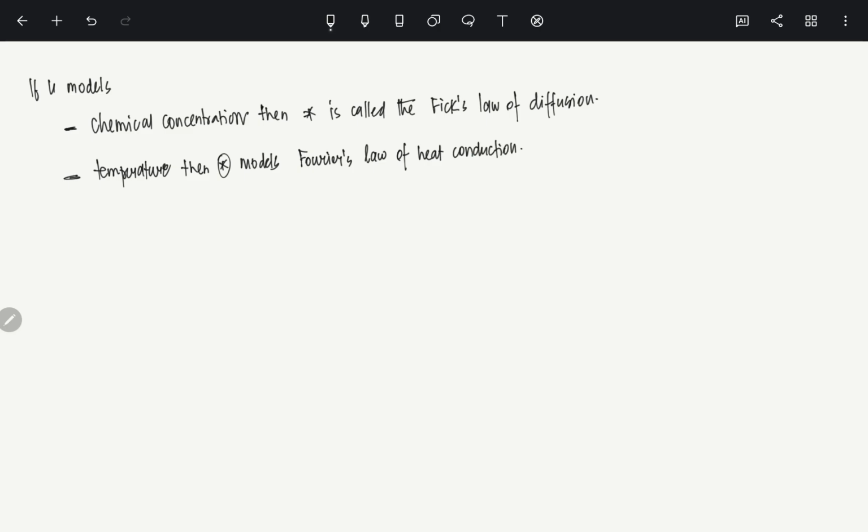Clear? It can also model electrostatic potential, and in this case star models Ohm's law of electrical conduction.